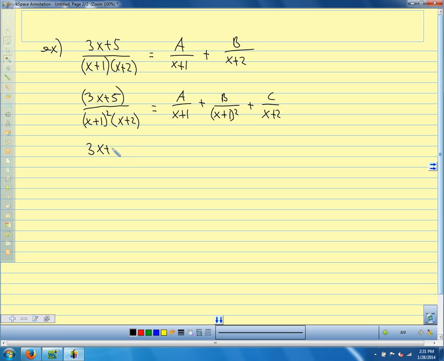If I had 3x plus 5, and on the denominator my factors were like this, then I would need two partial fractions for the x squared, a over x plus b over x squared, one partial fraction for the x plus 1 factor, and three partial fractions for this.